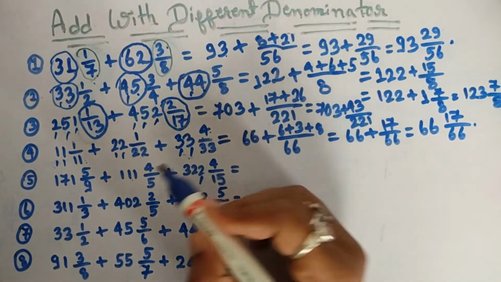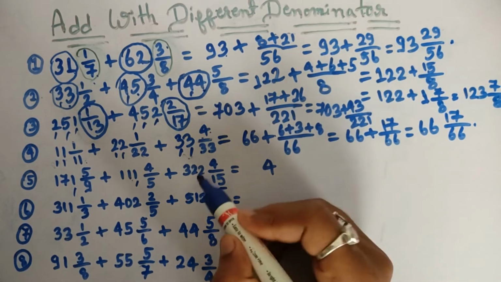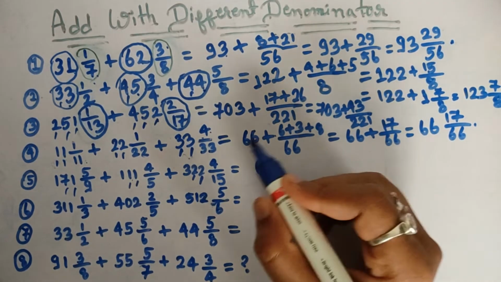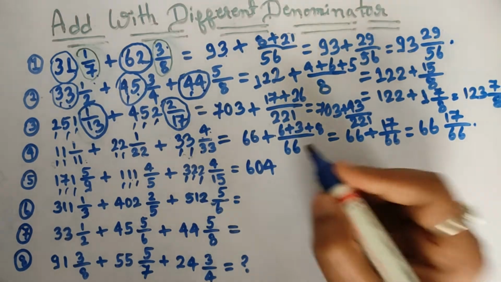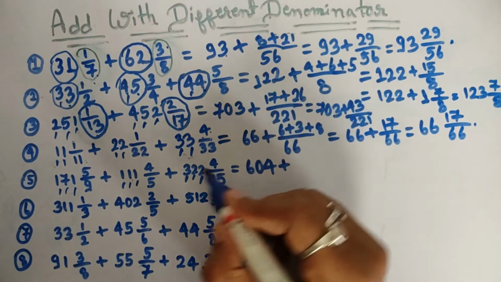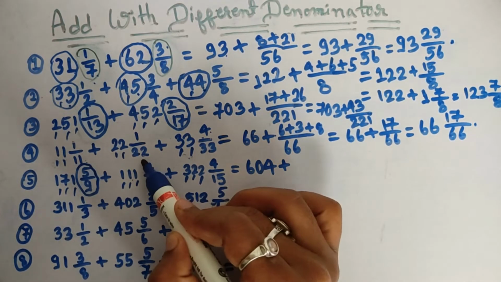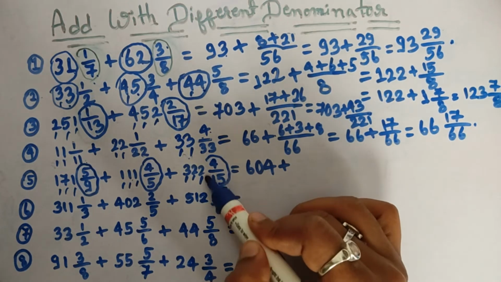Add the simplest form. 2 plus 1 plus 3 plus 7 is 10, 0 carry 1. 3 plus 1 plus 4 is 8, plus 1 is 9... 604 plus. Now we have to solve the fraction form, that is 5 by 9, 4 by 5, 4 by 15.